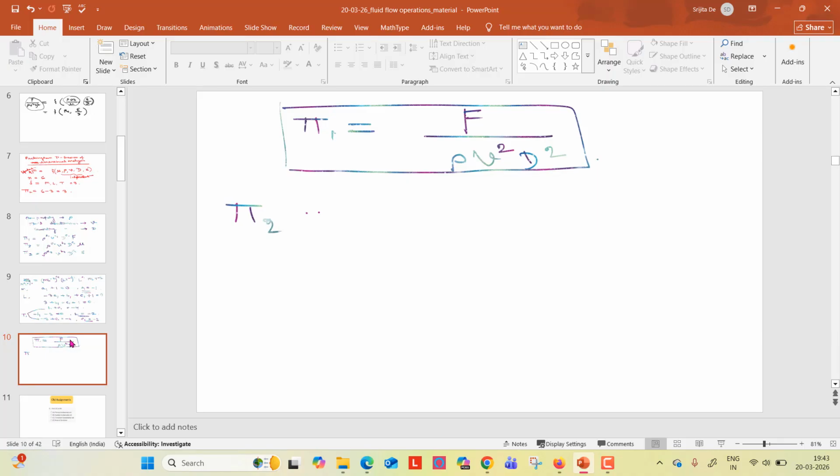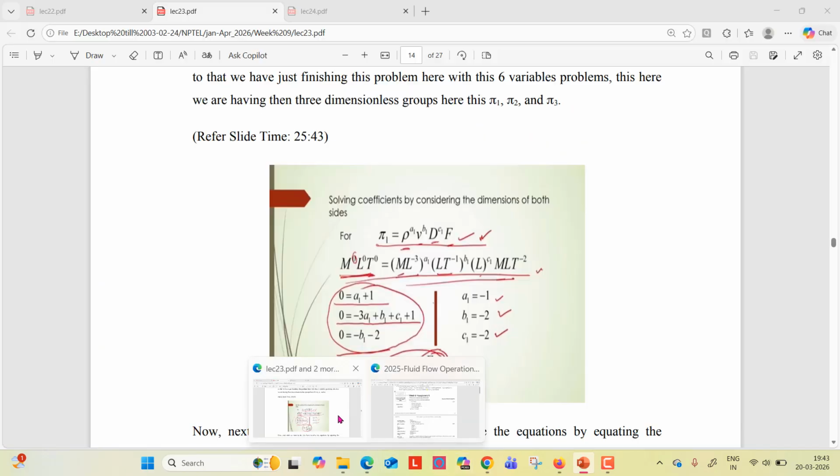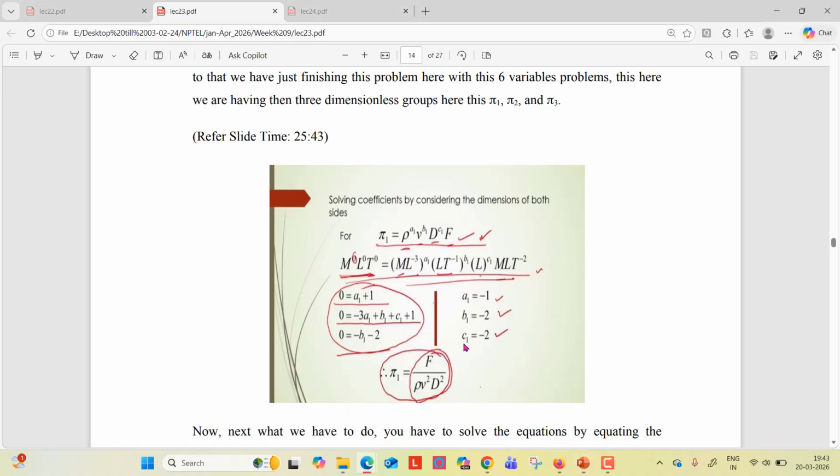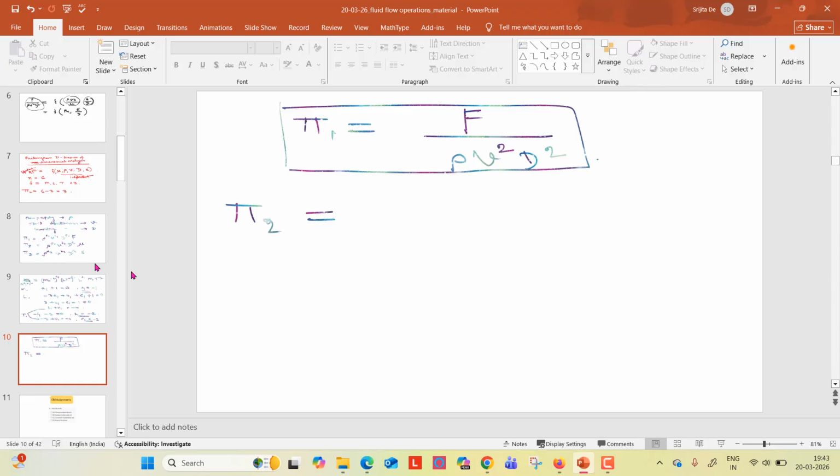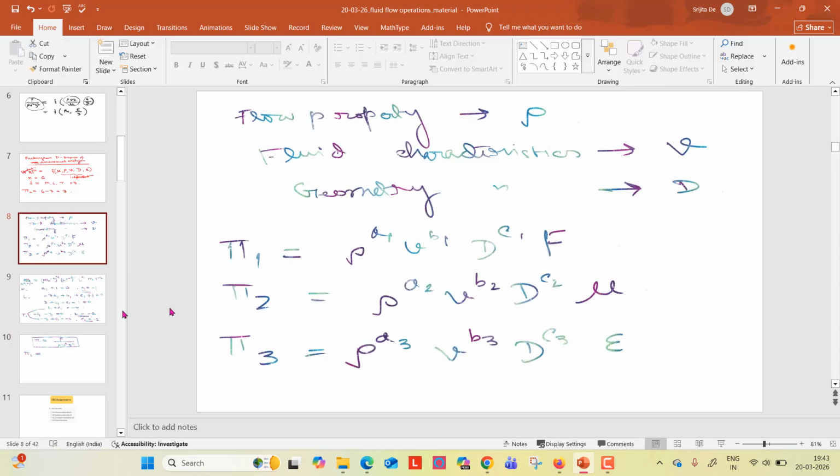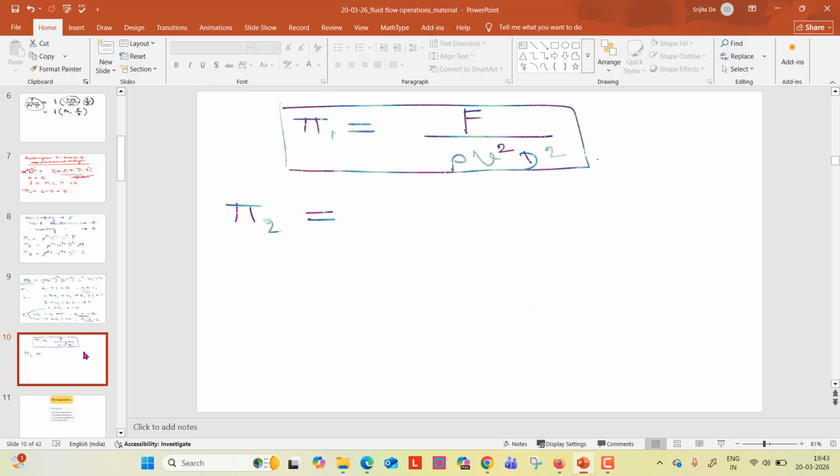Similarly, if you do it, I am not doing it because it is explained, or else I am doing it. Okay, let me do it. So in pi2, what was there? Pi2 is this expression. So we are taking the units of them. So M to the power 0, L to the power 0, T to the power 0 equals to rho will be M L to the power -3a1.